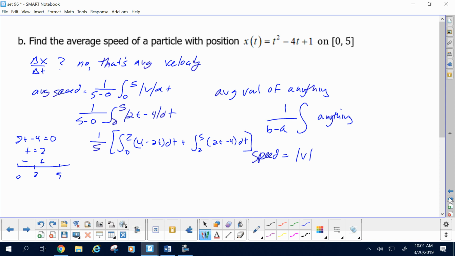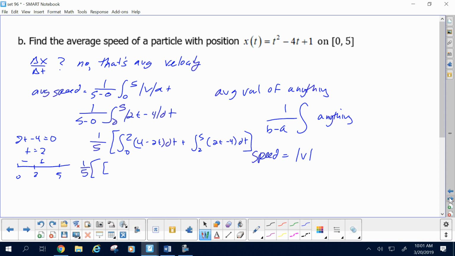If you're a visual person, you could do this graphically and you can see triangles. I'm going to just trust my calculus here. You with me so far?